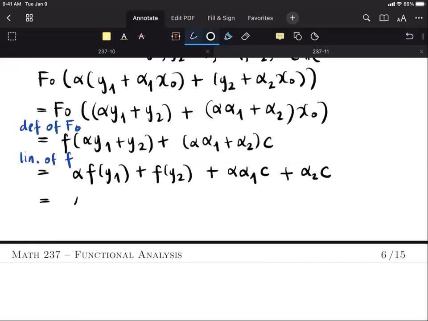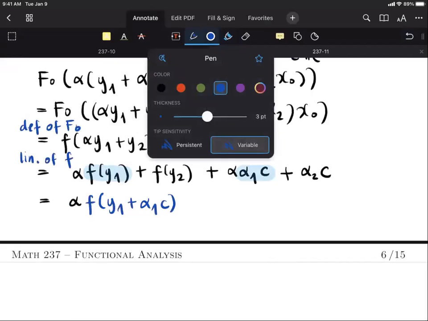And for the first term, take note that this one is nothing but f naught of y1 plus alpha 1c, the highlighted parts.